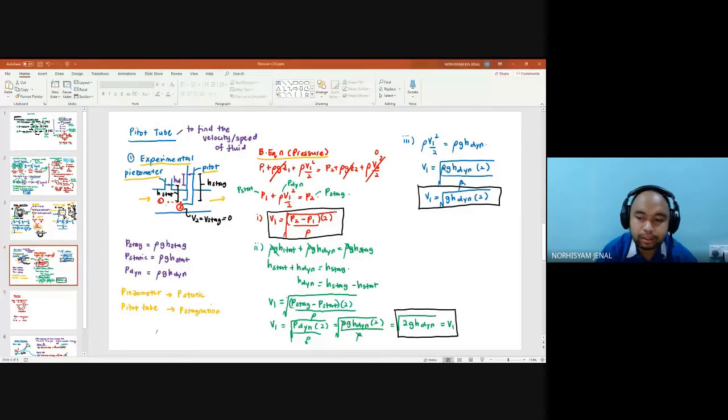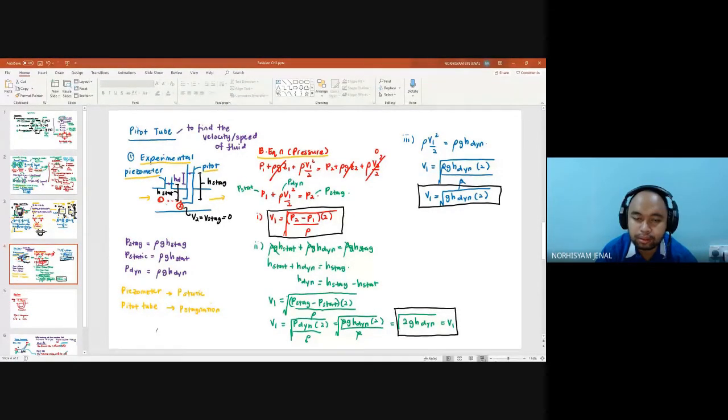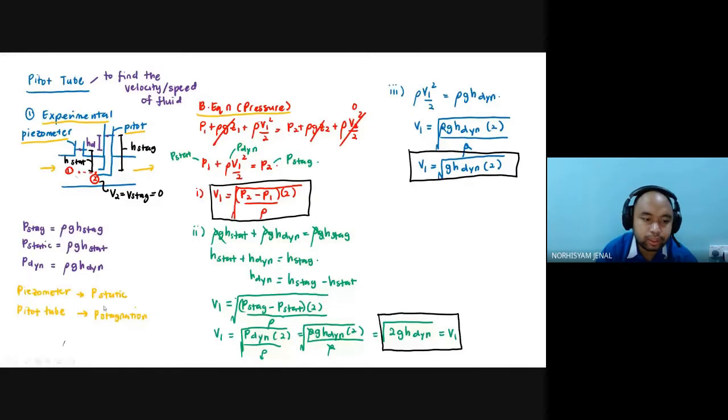So this is what we need to remember. Okay. And then other things from this is the height from your piezometer to the bottom is called H static. Okay. The height from your pitot tube location here to the bottom is called H stagnation. Okay. And then the height in between is called H dynamic.